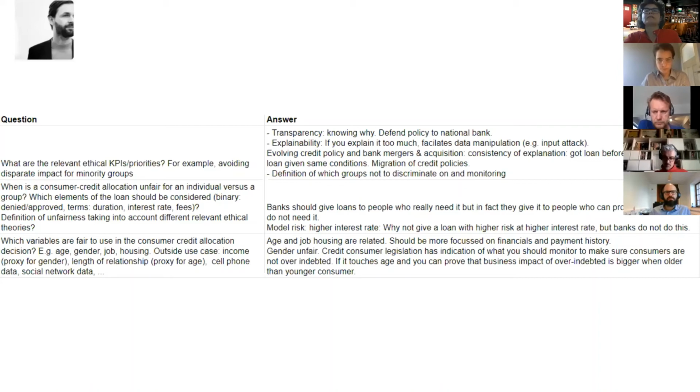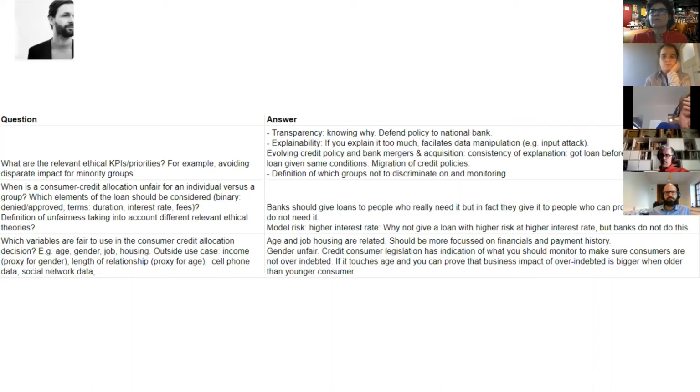But on the other hand, if you give too much detail, it might make the system vulnerable to data input attacks. So people might want to trick the system by changing the amount they have on their savings accounts and getting it up by 200.